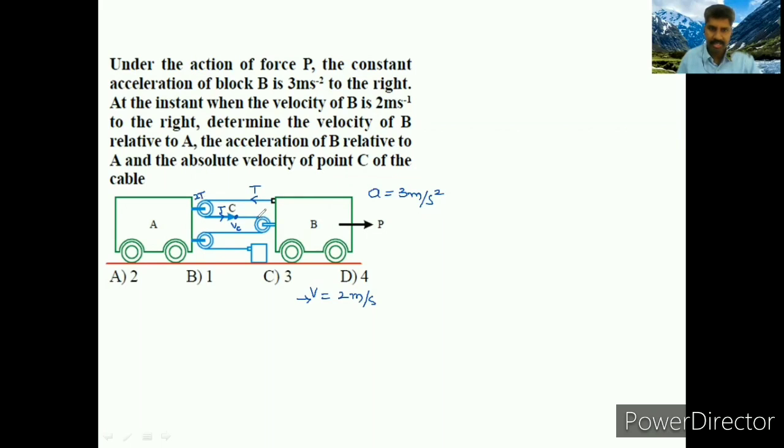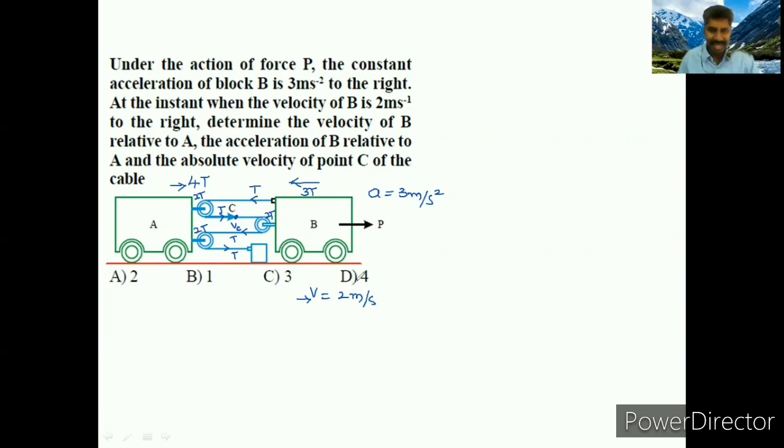Next, this is T, here also T, and this is 2T. Next this T will pass T, so T and T means here 2T. Now 2T plus T means 3T. Now 2T plus 2T means here the tension is 4T.